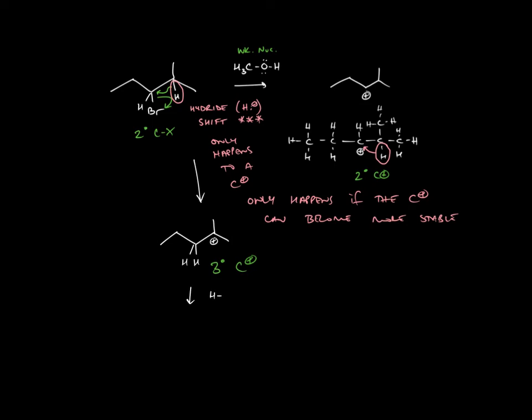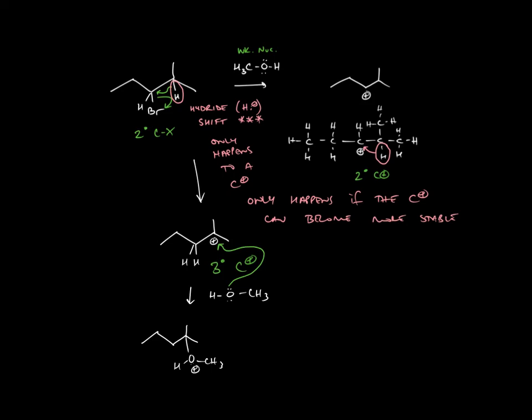In this case, I'm going to do it from my hydride shifted version. And so the methanol in this case, there's the lone pairs that can be shared. That would give me OHCH3 with a plus charge.